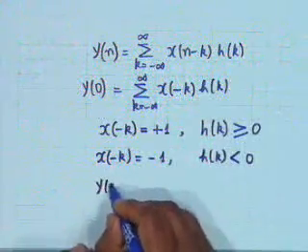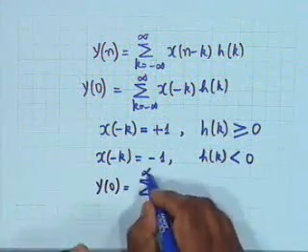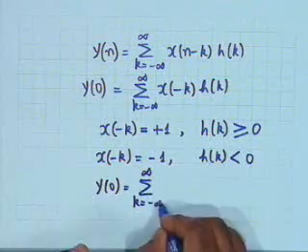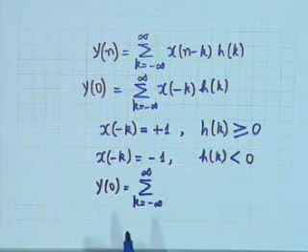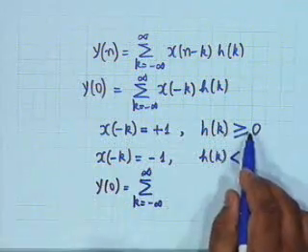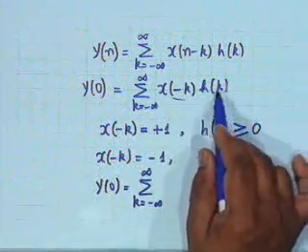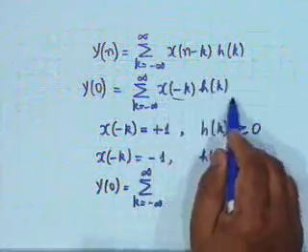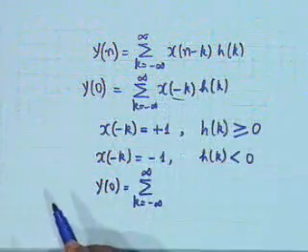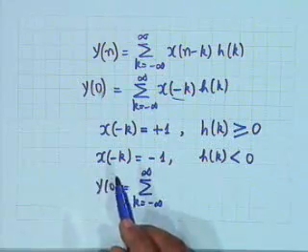y(0) becomes a summation over k equal to minus infinity to infinity. When h(k) is positive, it's multiplied by plus 1. When h(k) is negative, it's multiplied by minus 1, and therefore the product x(minus k) h(k) is always positive, and the product becomes equal to the magnitude of h(k).